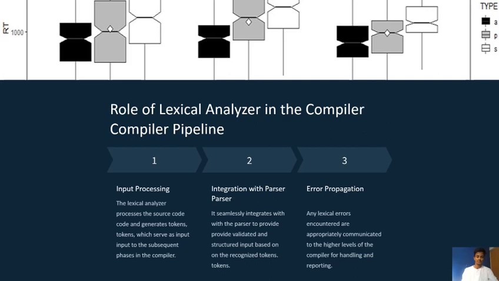And second, integration with parser. It seamlessly integrates with the parser to provide validated and structured input based on the recognized tokens. And third, that is error propagation. Any lexical errors encountered are appropriately communicated to the higher levels of the compiler for handling and reporting.